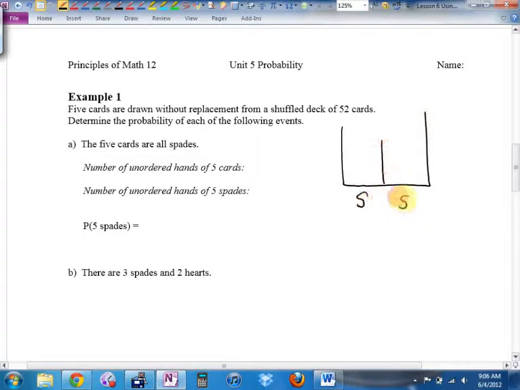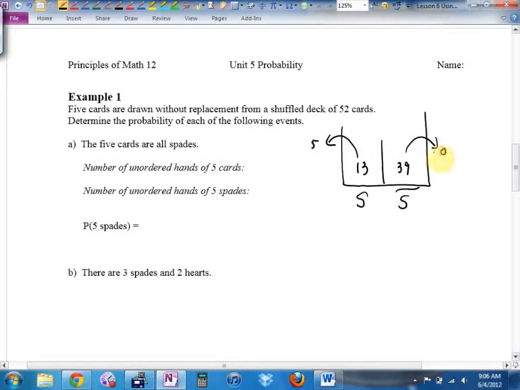Spades, not spades. Emily, how many spades are in the deck? How many non-spades? Use the complement. 39. How many spades do I want to choose, Emily? How many non-spades? Sorry? 0?